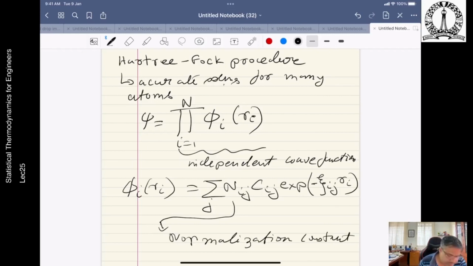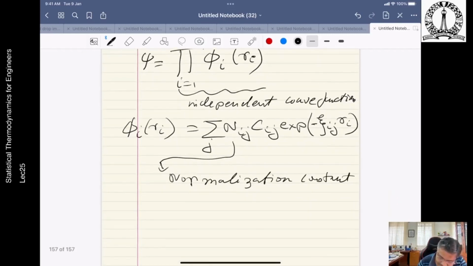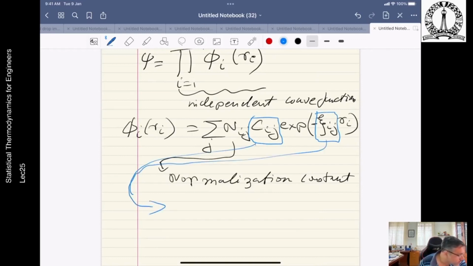Normalization constant. These two are variational parameters, okay, used to obtain the final solution.